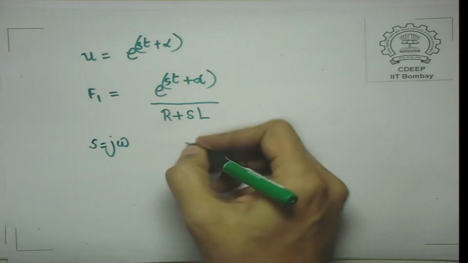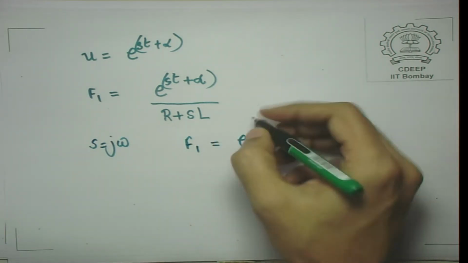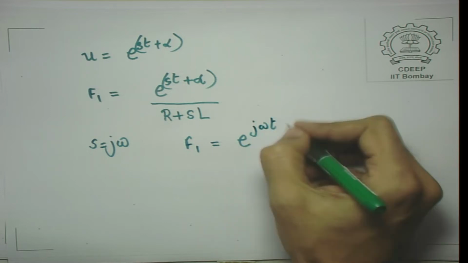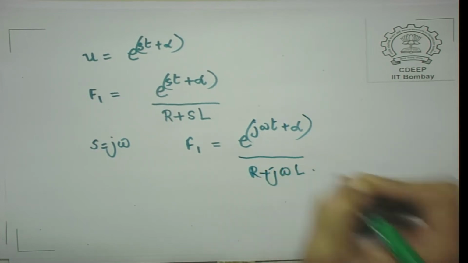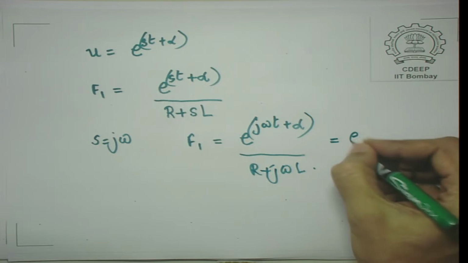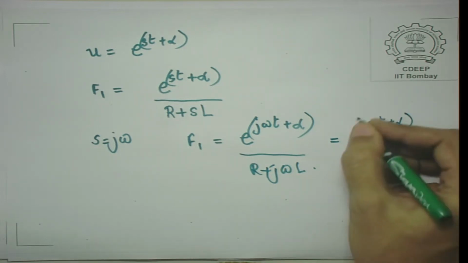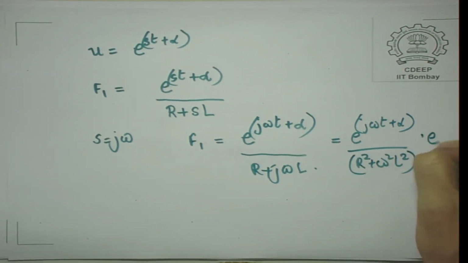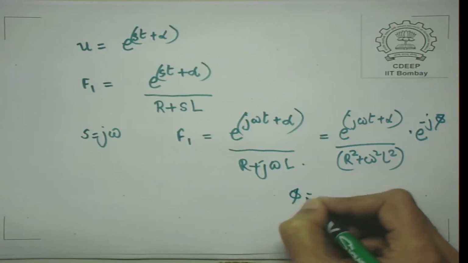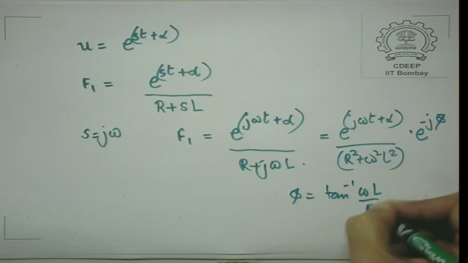So, this is an interesting thing. This is a more general way of writing down the response. In fact, if you take S is equal to j omega, then F1 will be e raised to j omega t plus alpha upon R plus j omega L. And in fact, you will notice that this is equal to e raised to j omega t plus alpha upon square root of R square plus omega square L square into e raised to minus j phi, where phi is equal to tan inverse omega L by R. So, does this sound familiar?